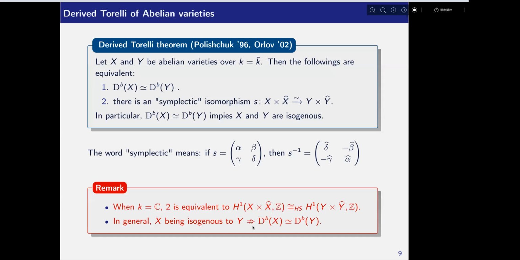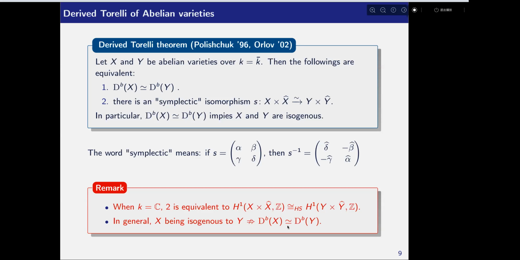So what kind of example is that? Basically, you can just check on cohomology, because you can construct some isogeny that doesn't have a symplectic isomorphism. It's easy to cook up some isogeny that doesn't have such a symplectic isomorphism.